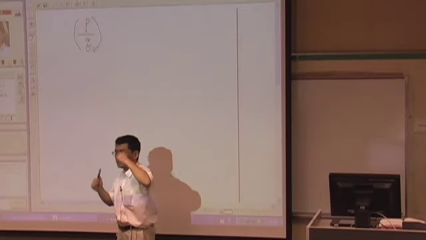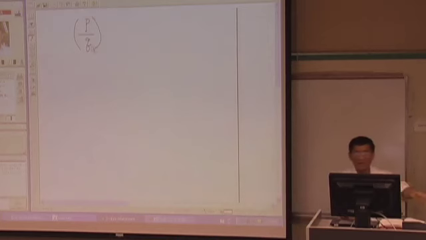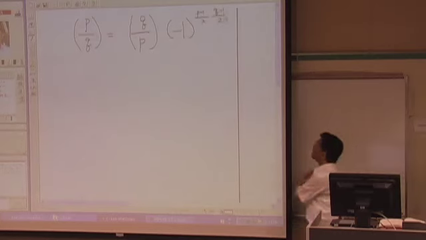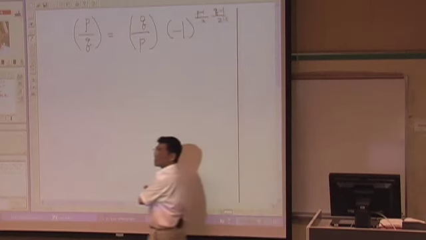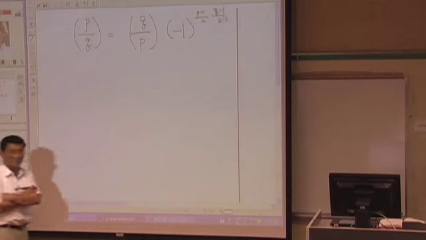Then we can calculate this kind of reciprocity by using the reciprocal with minus 1 to the power of half of the first prime times half of the second prime. Half doesn't mean exactly half, but about half, right? So this is the property. Then I will show you why this is so convenient.